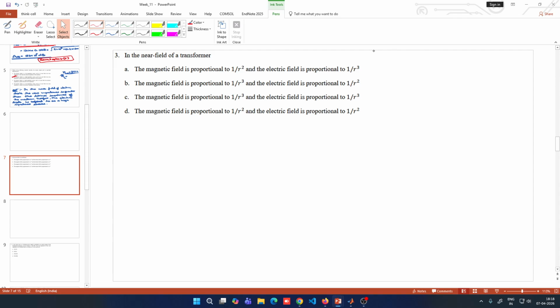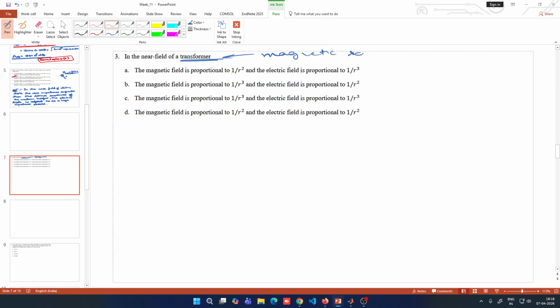Now, if you are talking about transformers, a transformer is like a magnetic source, because in the lectures we have seen the formulas for the electric and magnetic fields. So in the near field of a magnetic source, the magnetic field is proportional to one of the four options given.